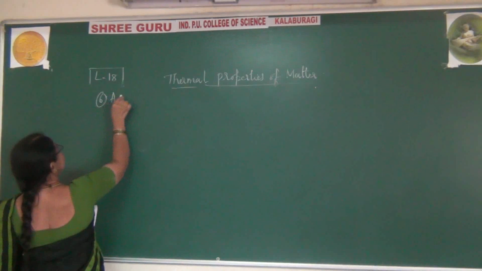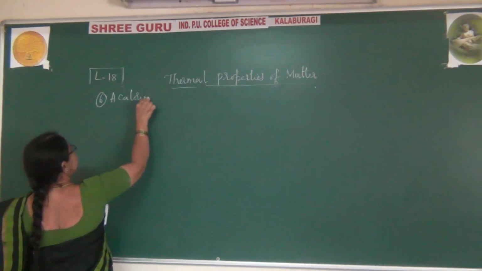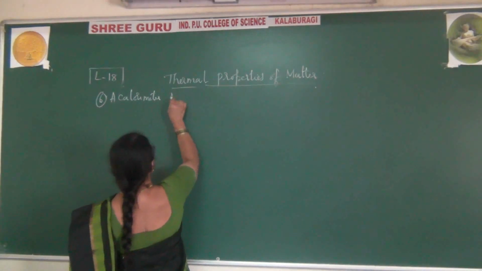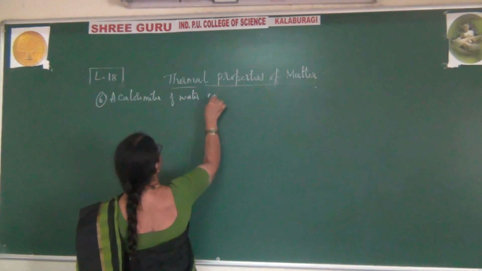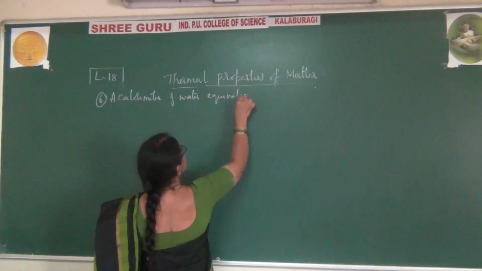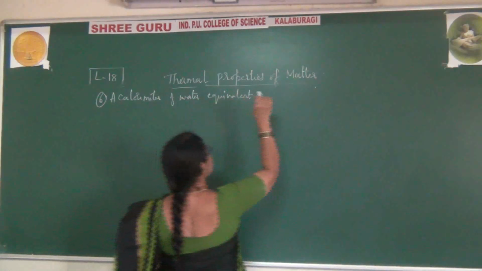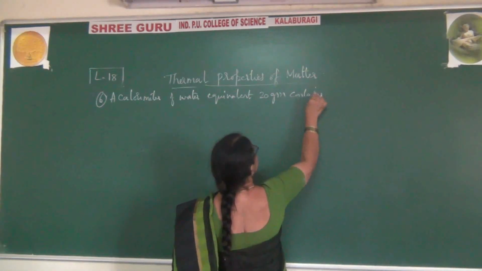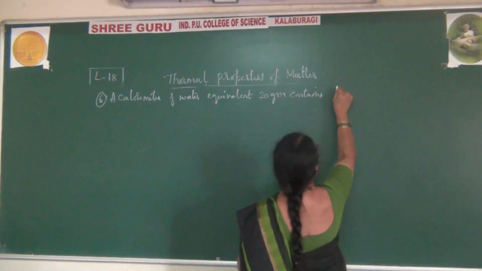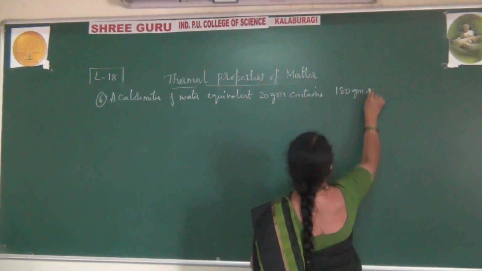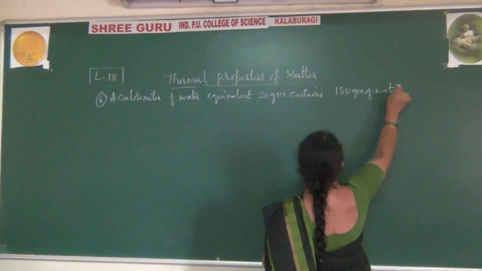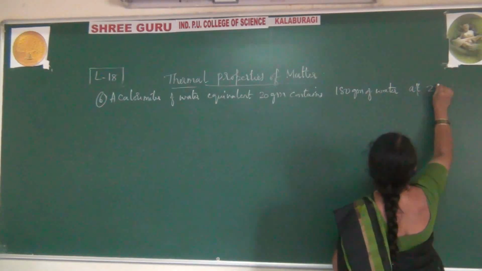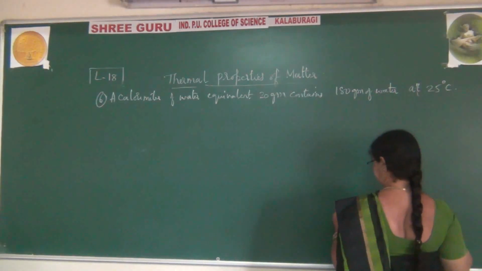A calorimeter of water equivalent 20 gram contains 180 gram of water at 25 degrees centigrade.